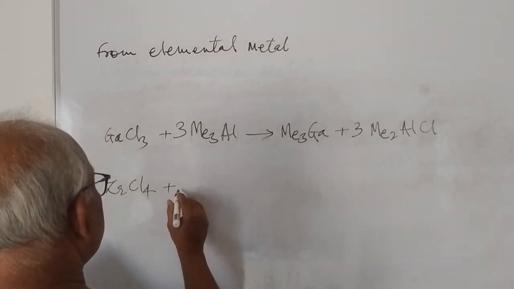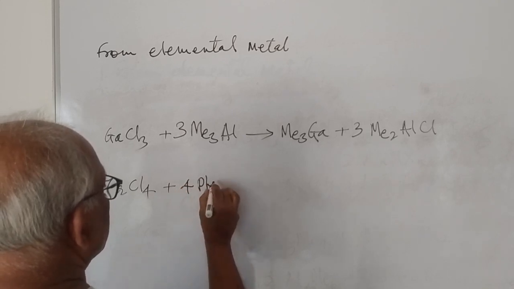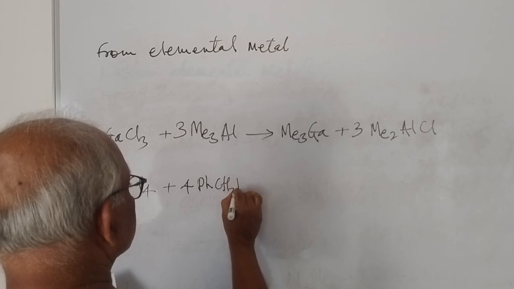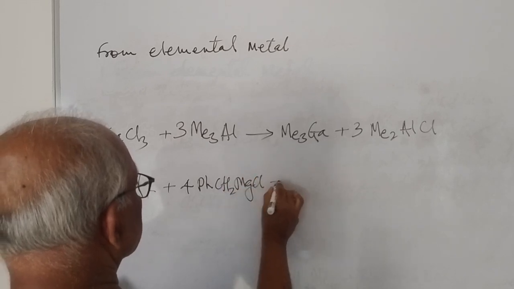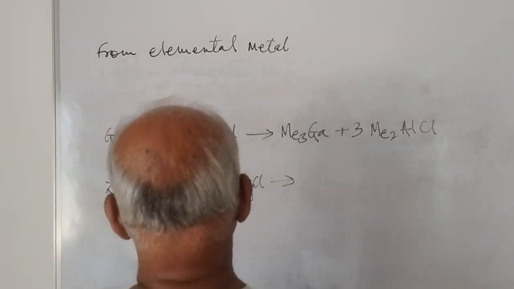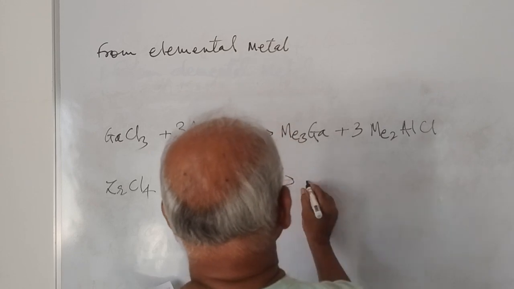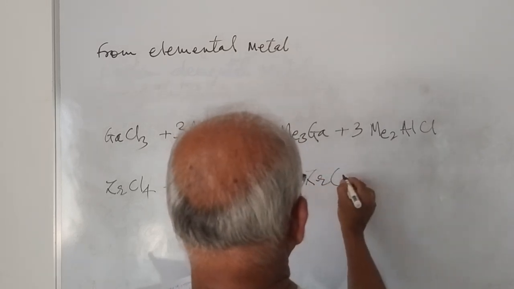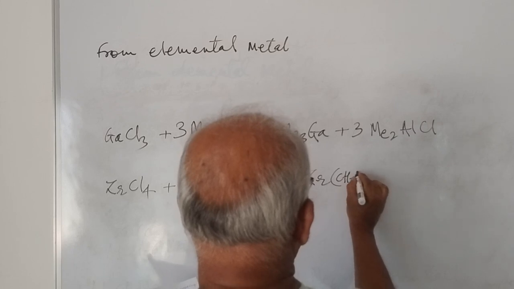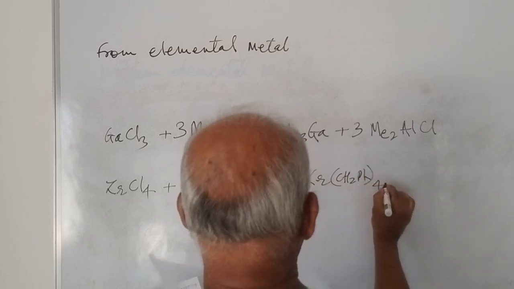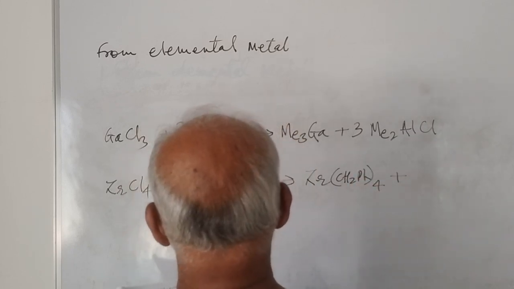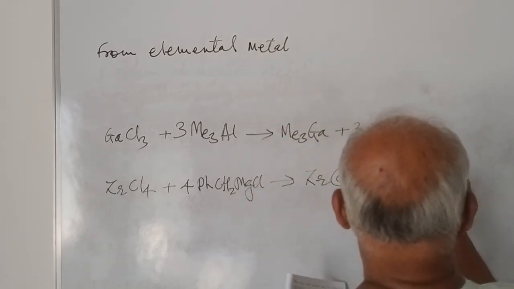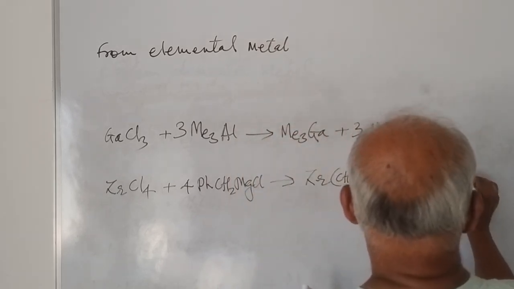Then if it is reacted with 4 PhCH2MgCl, it gives the organometallic compound zirconium (CH2Ph)4 plus 4 MgCl2.